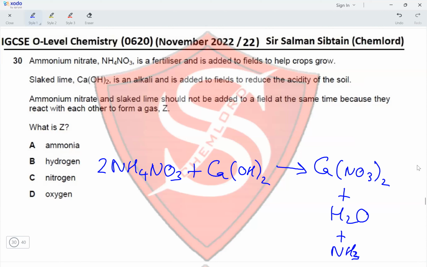So salt, water and ammonia. Okay, so we have the options. Is that ammonia? Yes. Hydrogen, no. Nitrogen, no. Oxygen, no. Since ammonia is the only gas produced in this reaction, option A is the correct option for this question.